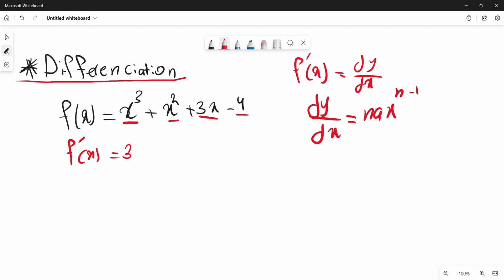We write 3, and then x to the 3 minus 1, which is 2, plus 2 coming down, 2x, 2 minus 1 is 1, no need to write. Here 1 minus 1 is equal to 0, x to the power of 0 is 1, no need to write, just write down 3.